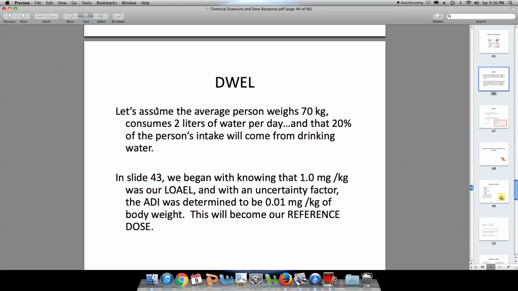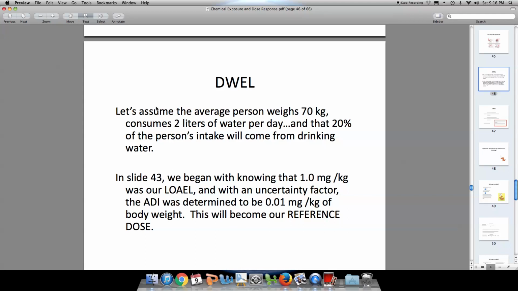So we're going to begin by laying out some assumptions. We'll assume that the average person weighs 70 kilograms, and we will assume that the average person drinks 2 liters of water per day, and that 20% of a person's exposure to that chemical will come from drinking water. Now, wait a minute. What do we mean by that? Well, we could be exposed to a chemical in any number of ways.